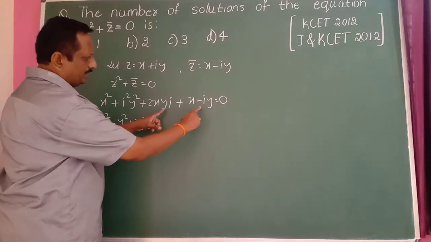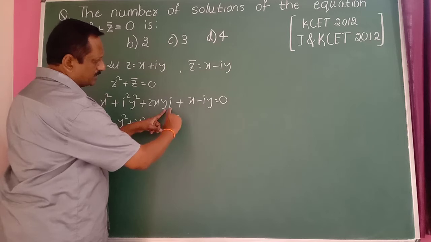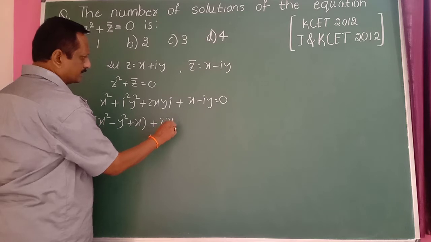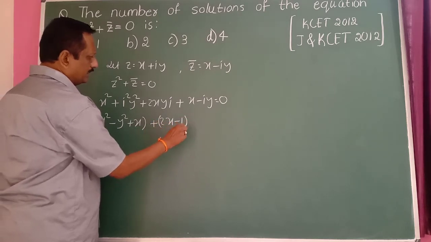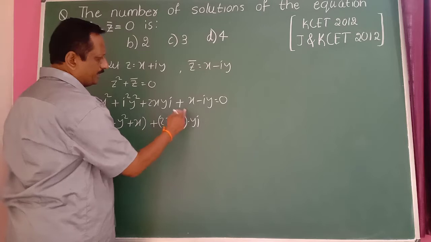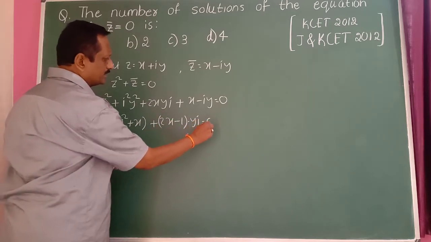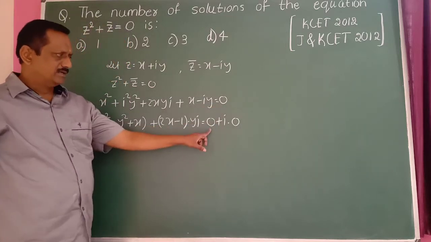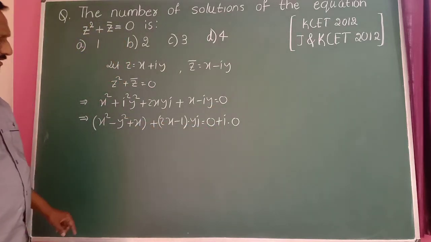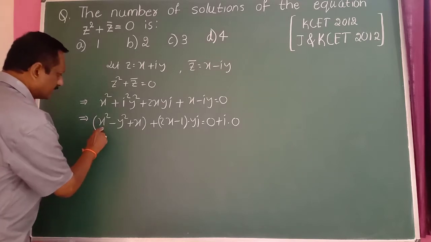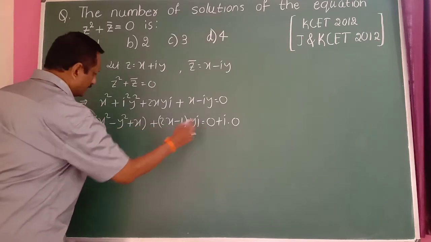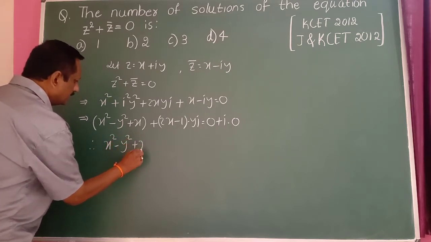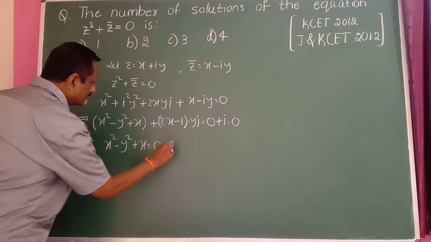Then i is a common factor, so plus (2x minus 1) into y into i, the imaginary part, is equal to 0 plus i into 0. Therefore x square minus y square plus x is equal to 0, take this as equation number 1.